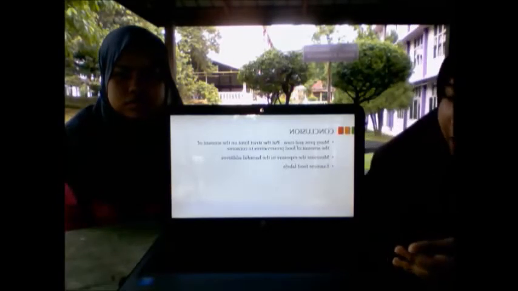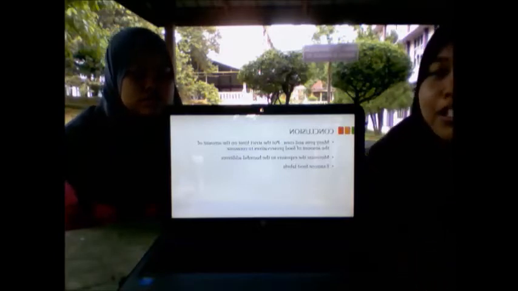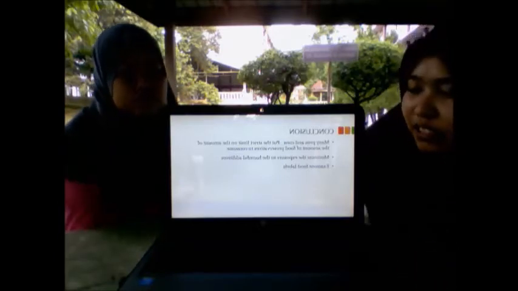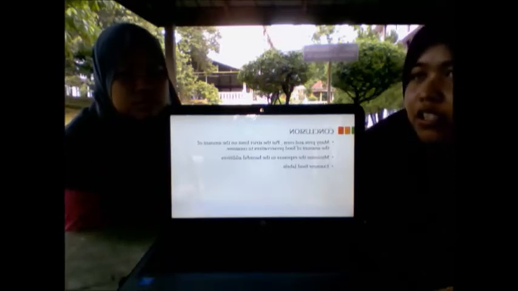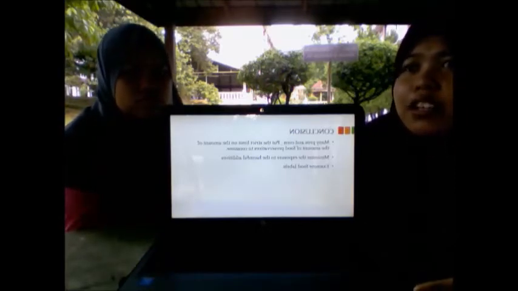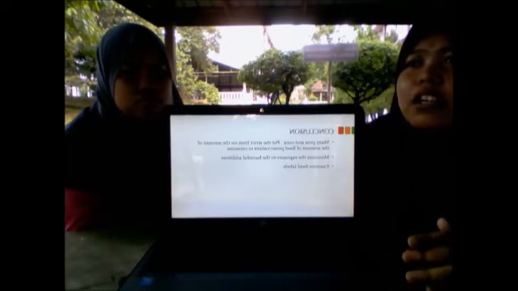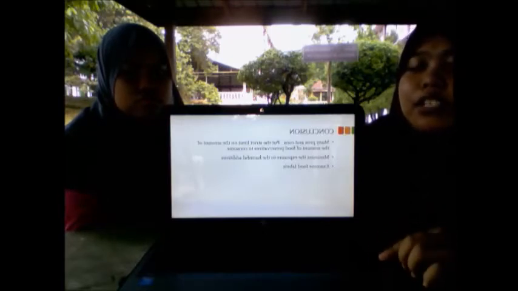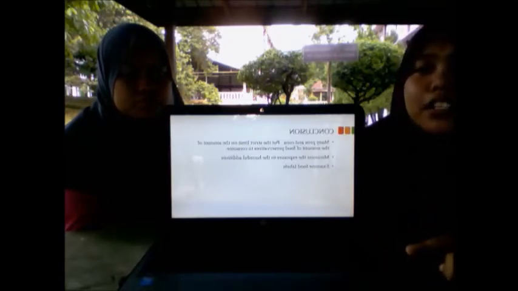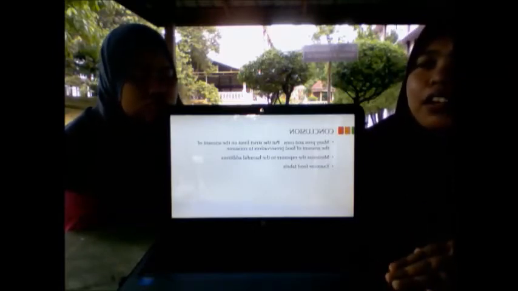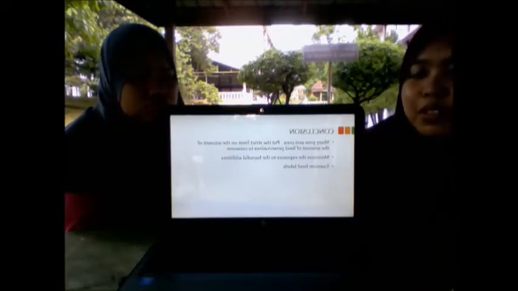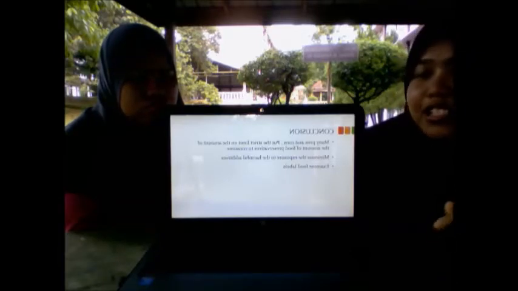You can examine the food labels and minimize exposure to harmful additives, and choose whether the food has artificial preservative or not.